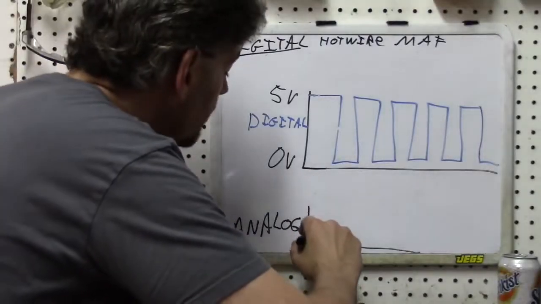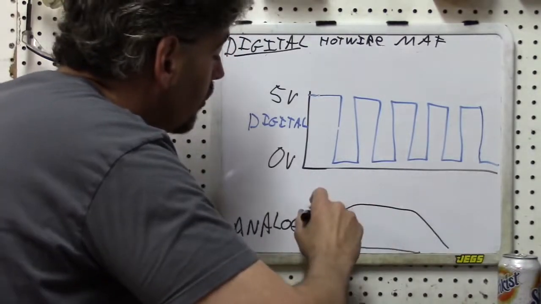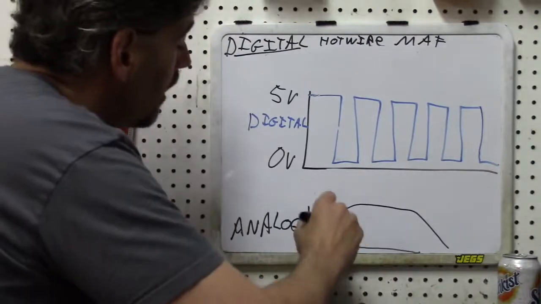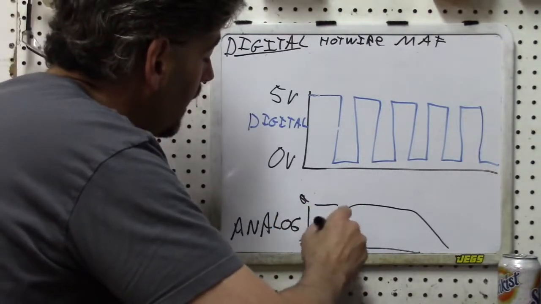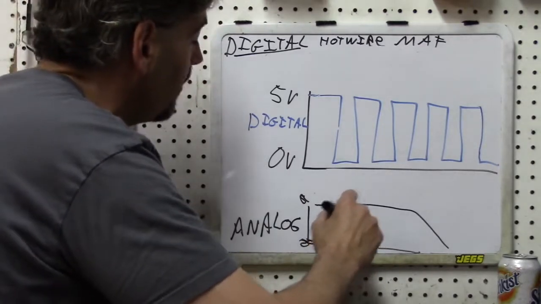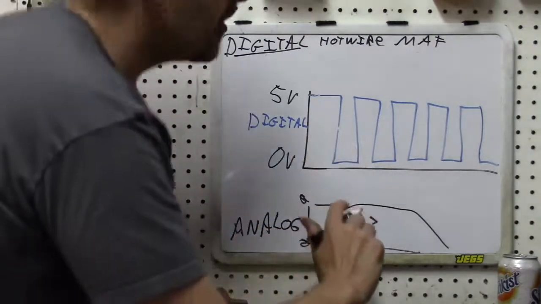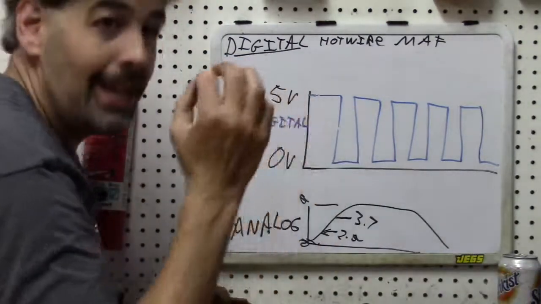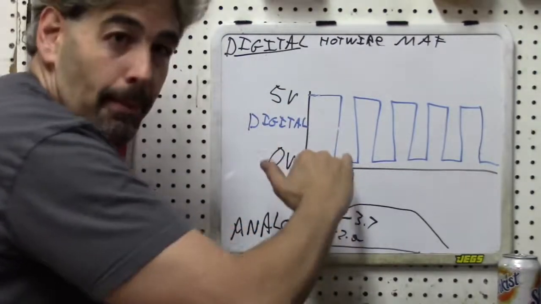And there's another problem. And that is on your analog signal, you're going to have degrees of difference. So in other words, if this is a 0 to 5 volt, there is actually a 2.5 volt signal here. There is actually a 3.7 volt here. But on the digital sensor, it is either 5 volt or 0 volt. There is actually no in between.